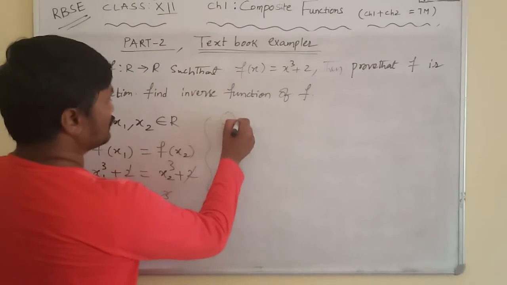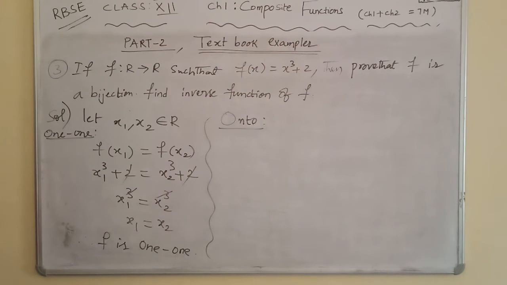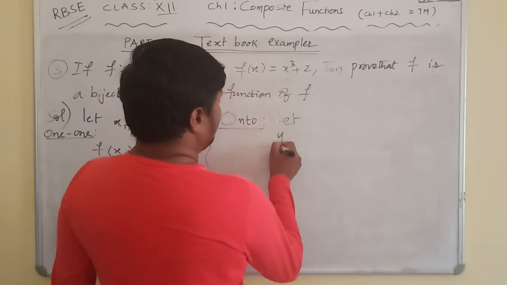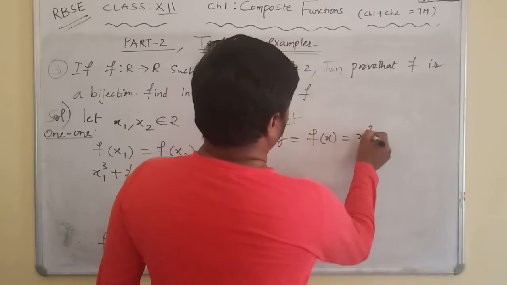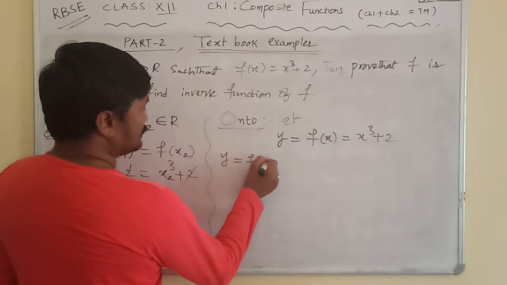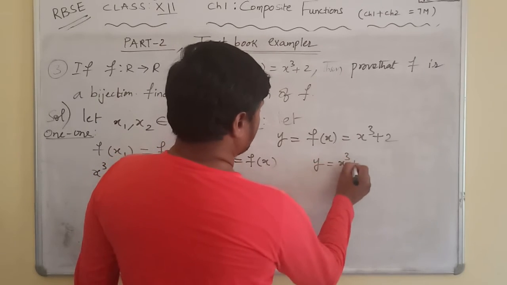Next, we need to prove onto. Just observe this carefully. I already explained the steps previously, so we do it in that way. Let y is equal to f of x, which is equal to x cube plus 2. First write y is equal to f of x. Second, write y is equal to x cube plus 2.